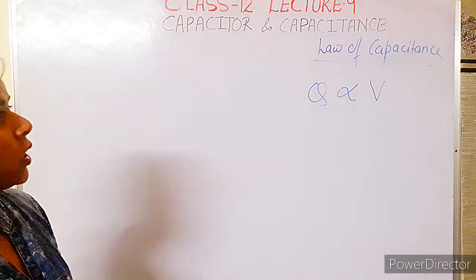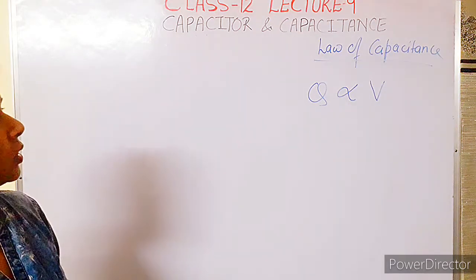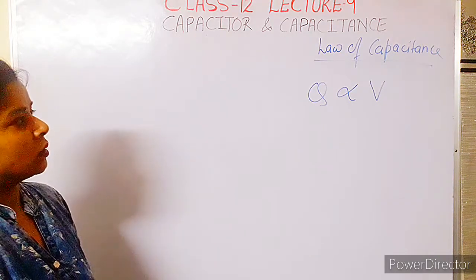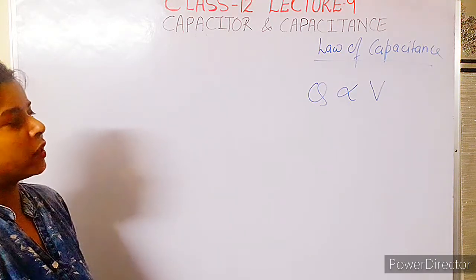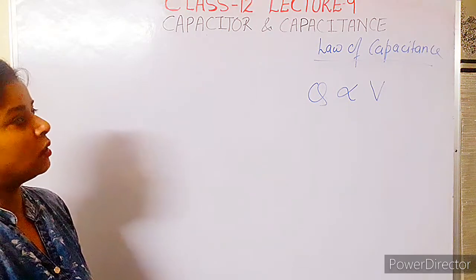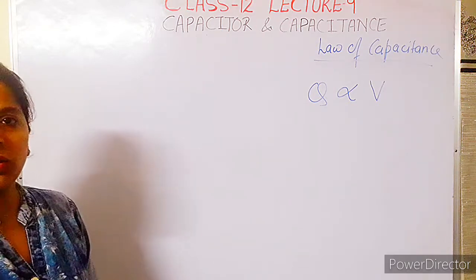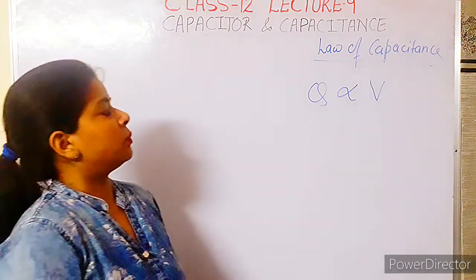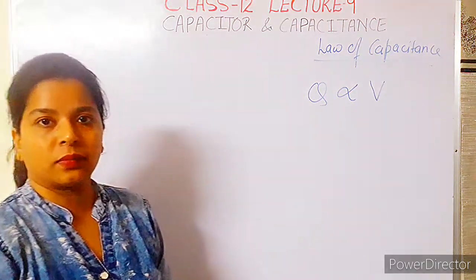So this is known as the law of capacitance. The greater the charge stored in a capacitor, the greater the potential, and vice versa. We must say it in this manner: the greater the potential difference across the capacitor plate, up to the limit of its capacity it can store the charge.